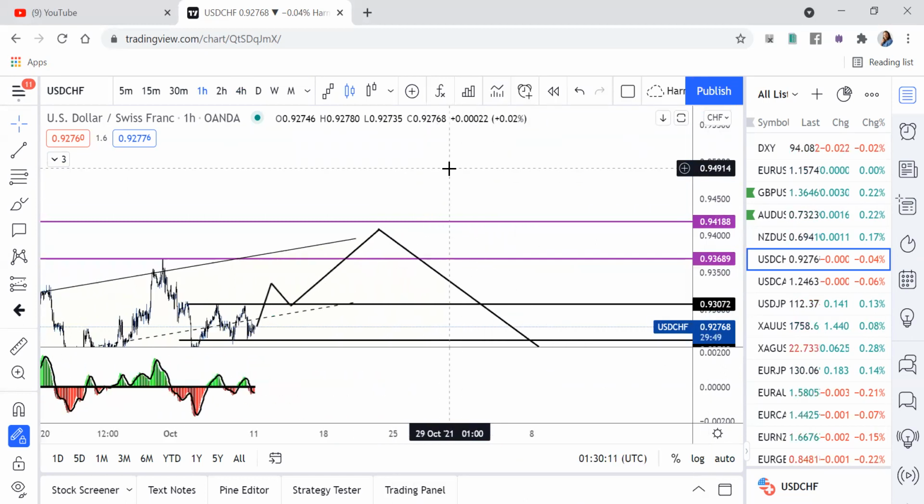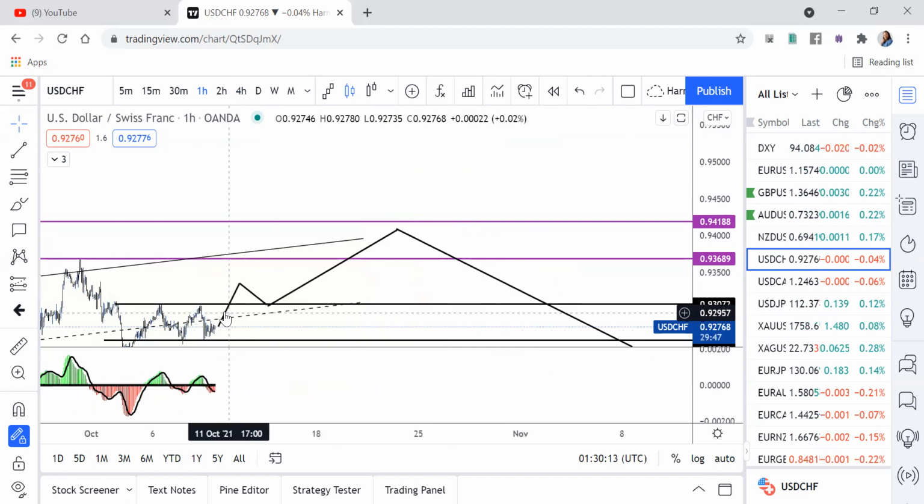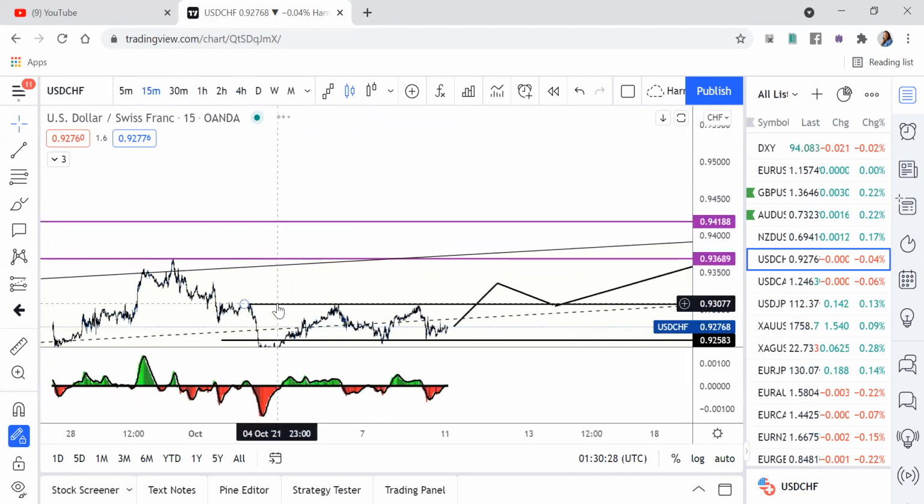So this is what you'll wait for. Wait for break of structure. Wait for the imbalance candle to form breaking structure, get the retest in the imbalance, and then look to buy.